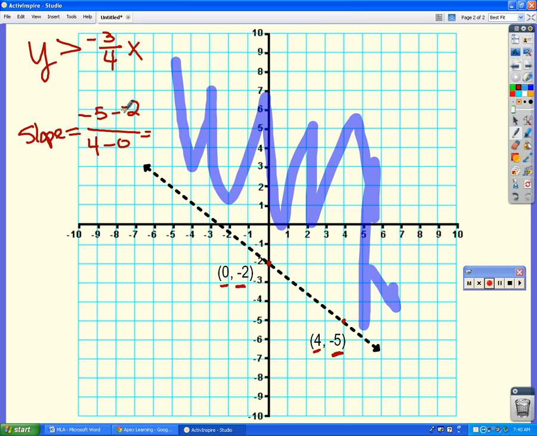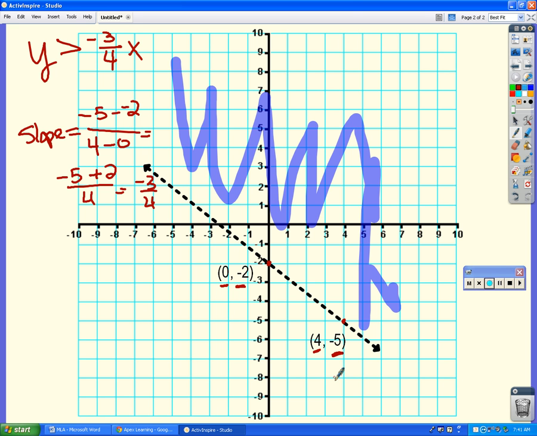And -5 minus a -2 is really -5 plus 2, because these two negatives cancel out and make a positive. 4 minus 0 is 4. And then -5 plus 2 is -3 over 4. So you see, you can get the same answer either way, whether you use the formula or whether you just count the squares on the graph.